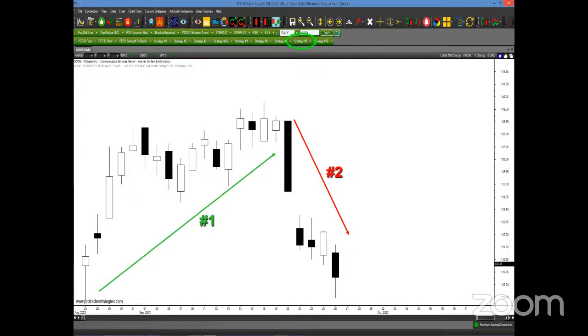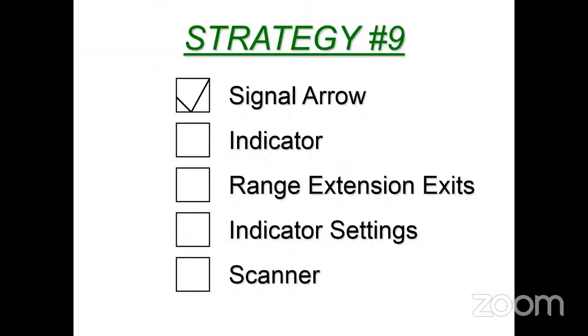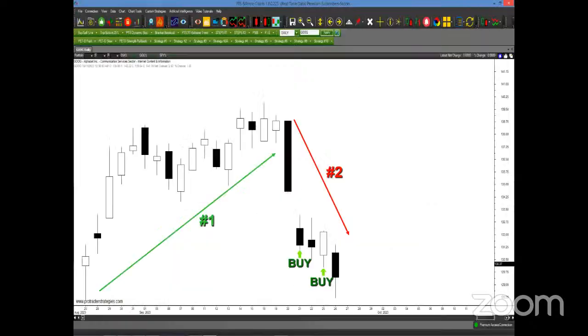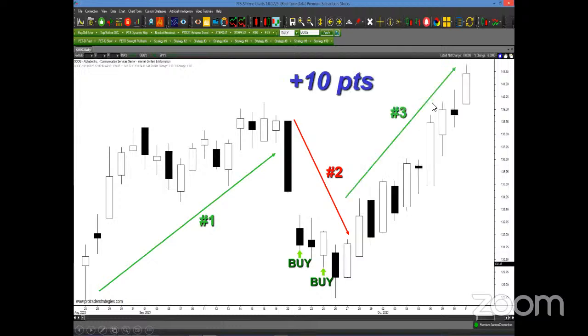So we click on strategy number 9 in the drop-down menu, click on signal arrows, and we have what we call a cluster of signals right here. 2 signals very close to each other or almost touching. So what we're hoping for is phase 3, a resumption of the trend upward, and then look what happened. Phase 3, there's a nice quick little 10 points you could have made on the trade. Not a bad little quick trade with very minimal risk and just a very simple, easy way to make profit.